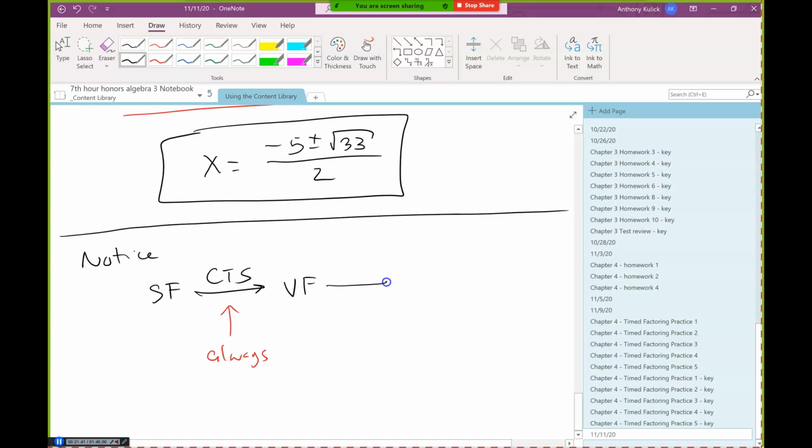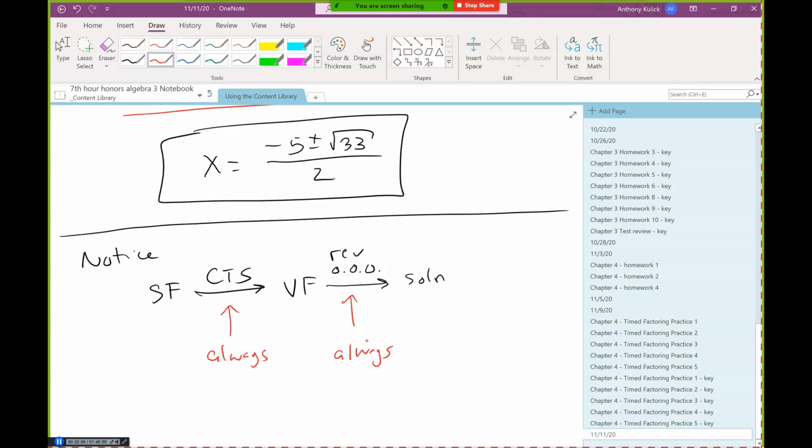We can go from vertex form to a solution using the reverse order of operations. Can always do that. So what we know then is that we're always going to be able to solve a standard form quadratic regardless of what it looks like, right?